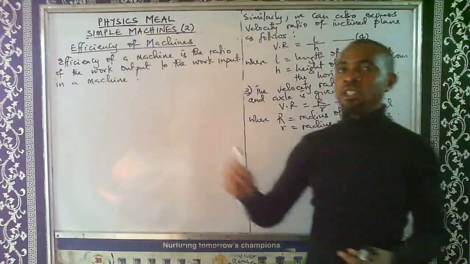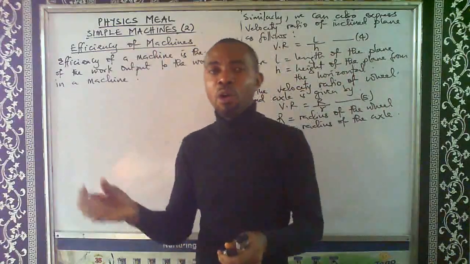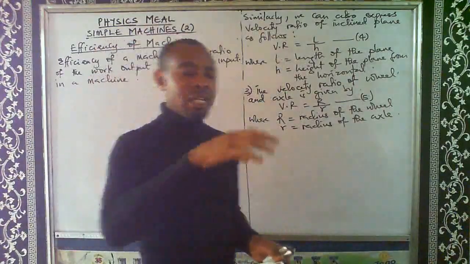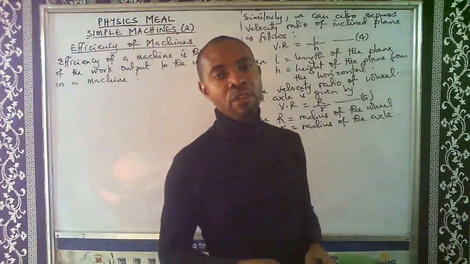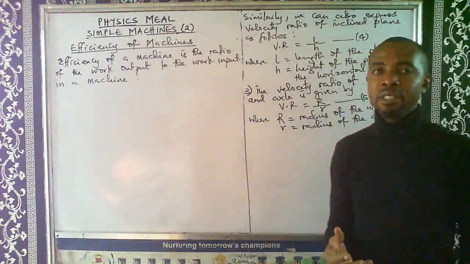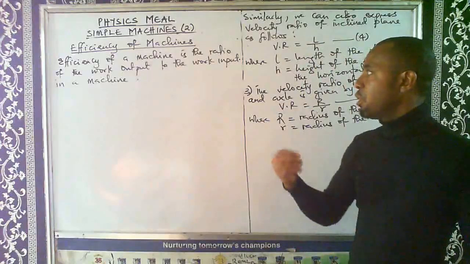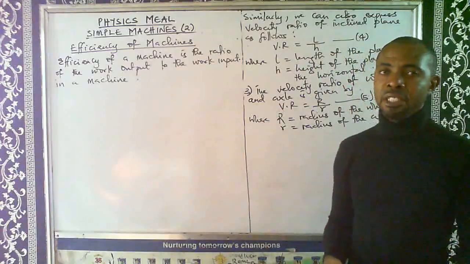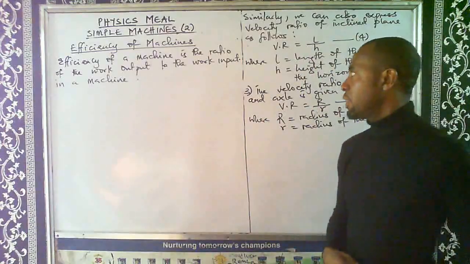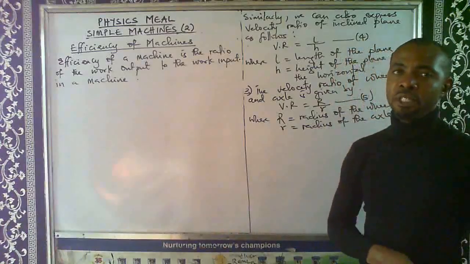So the ratio of the work done by the machine to the work that you put into the machine is what gives us the efficiency of a machine. Remember, it must be the useful work done. So the ratio of the useful work done by a machine to the work input to that particular machine gives us the efficiency of a machine.